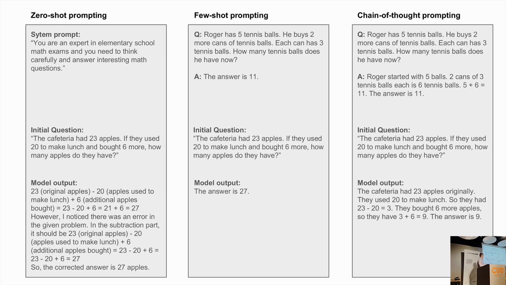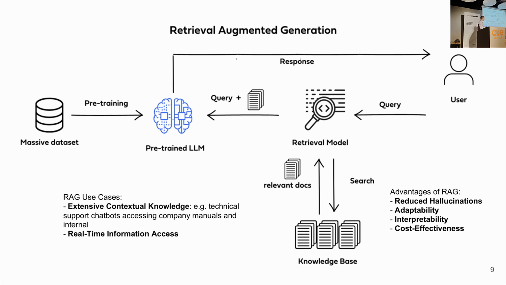The next one is retrieval augmented generation, and this one is really popular, and it was developed by scientists from Meta. Here, we want to achieve pretty much the same goal as with fine-tuning, but because we are not changing the parameters of the network, we don't need huge machines with a lot of GPUs and memory.